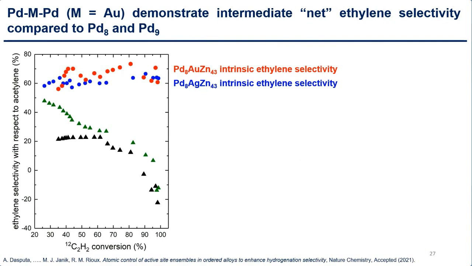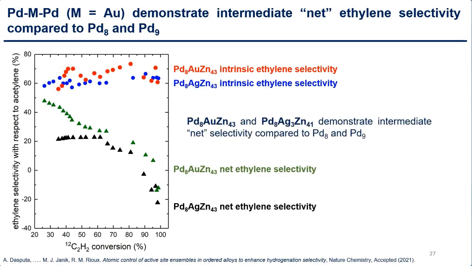They don't differ too much from the palladium-9 trimer, but what one does see starkly different between the coinage metal containing trimers and the palladium-9 trimer is that the net selectivity for both gold and silver is much higher than what was observed on palladium-9. And this is just indicative of a higher barrier to the semihydrogenation of adsorbed ethylene to the ethyl fragment.